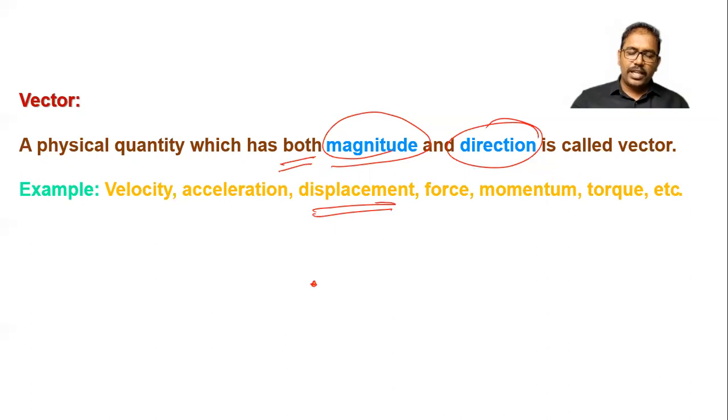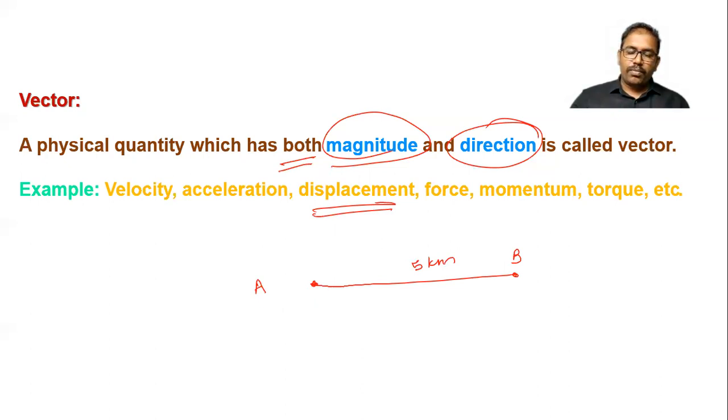Consider a person who walks from point A to point B in a straight line, 5 kilometers. Then the distance traveled is 5 kilometers.